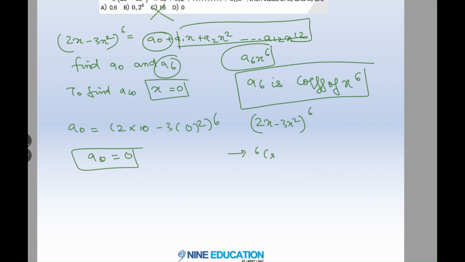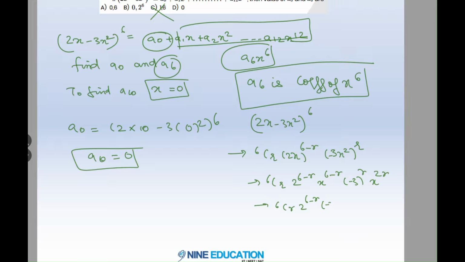General term is 6cr, 2x power 6 minus r, minus 3x square power r, which is 6cr, minus 2 power 6 minus r, x power 6 minus r, minus 3 power r, x power 2r, which is 6cr, 2 power 6 minus r, minus 3 power r, x power 6 plus r. This is your general term, T of r plus 1.